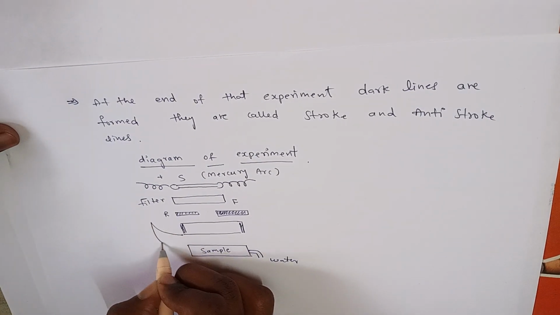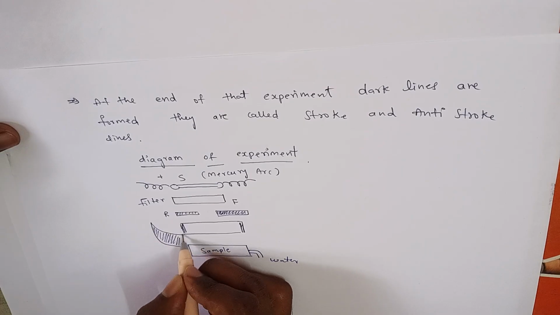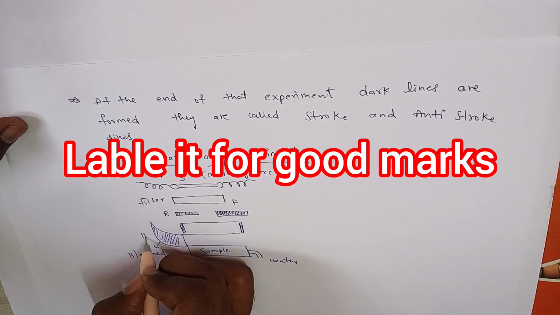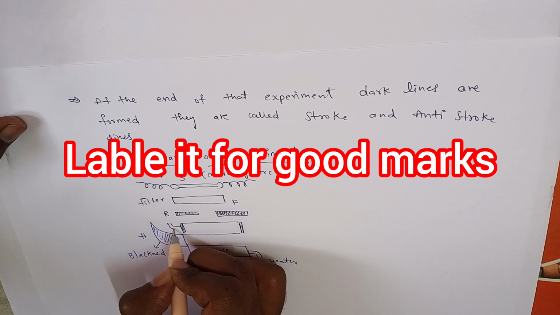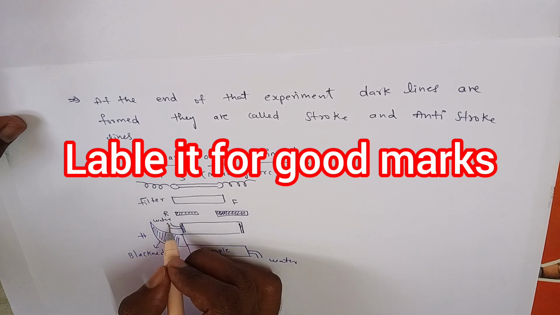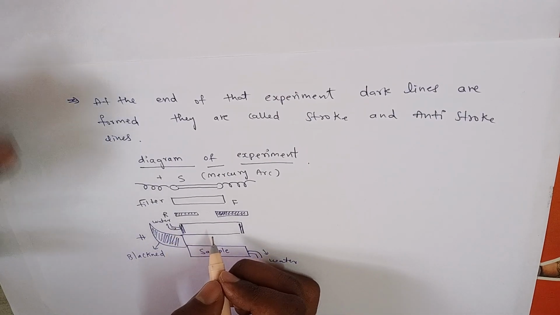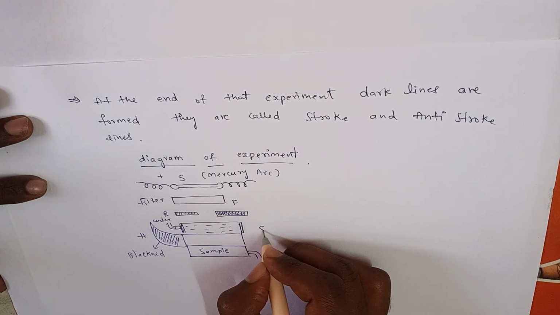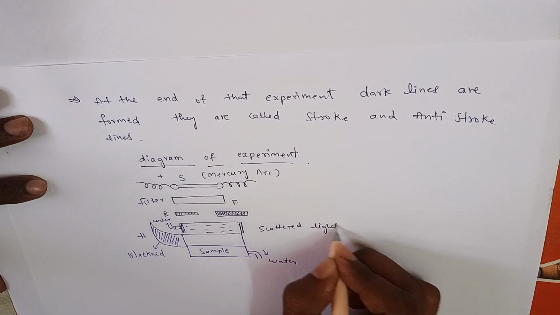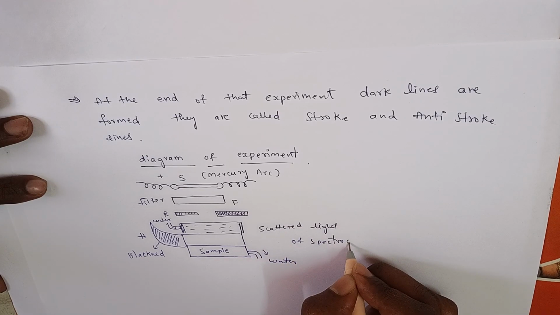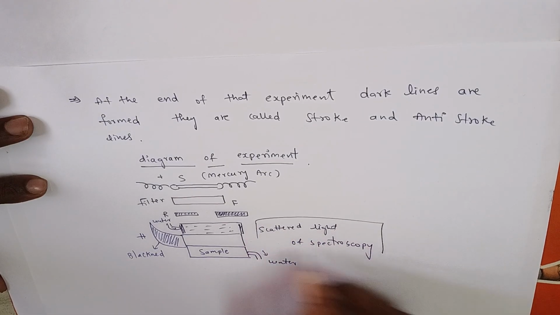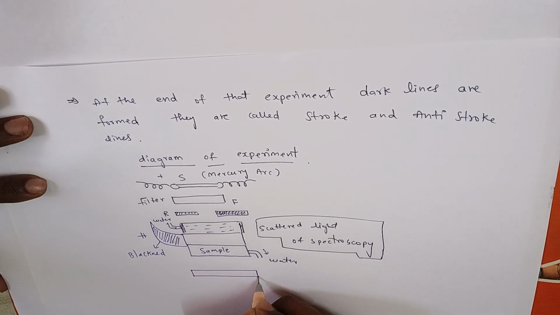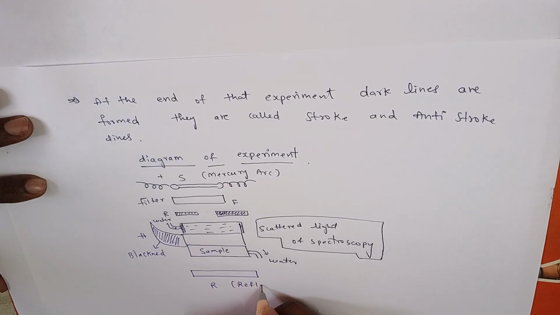Here is the horn, fully blackened. Here is the water intake and the water outlet. The scattered light is seen here, and one more reflector is there.